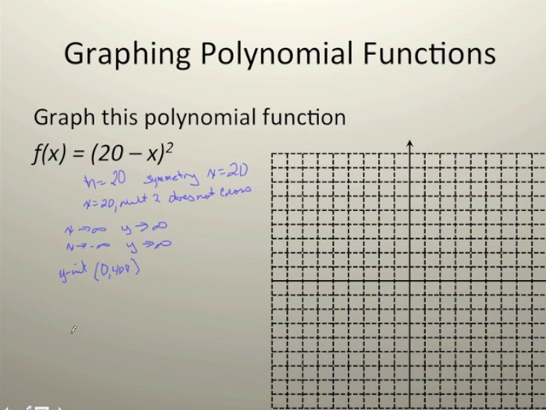Since it is a quadratic, we don't have to worry about too many points. If x was 10, y would be 100, matching x would be 30, and 100, matching this 400, would be 40, and 400.